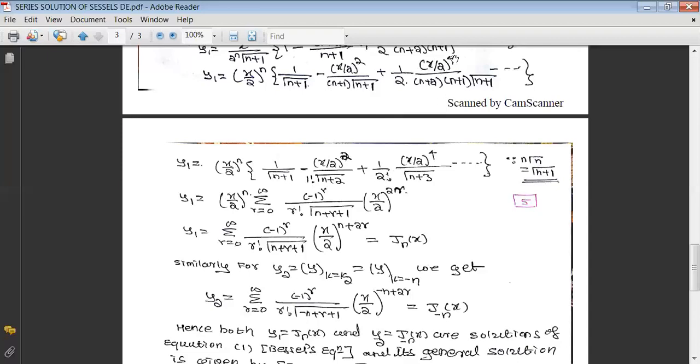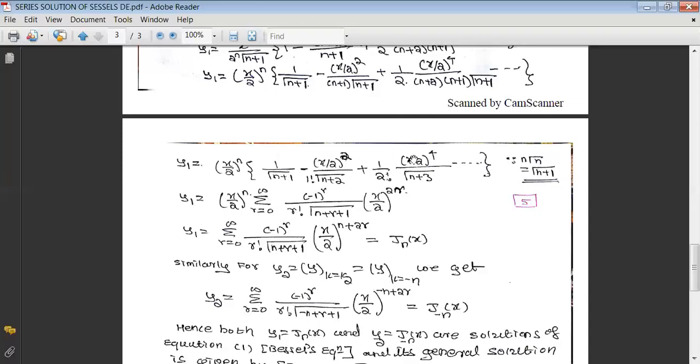Then this is (x by 2) raised to 4. Once we apply this, (n plus 1) into gamma n plus 1 is gamma n plus 2. And again, once we apply (n plus 2) into gamma n plus 2, that becomes gamma n plus 3, and so on. Here we have applied this result. Then this becomes x by 2.